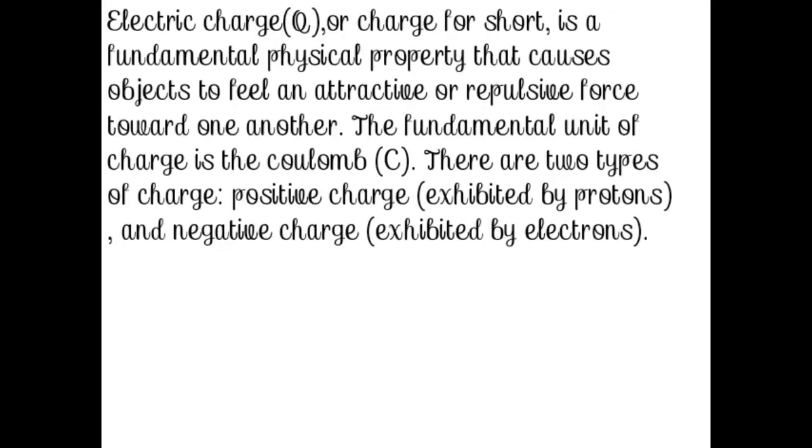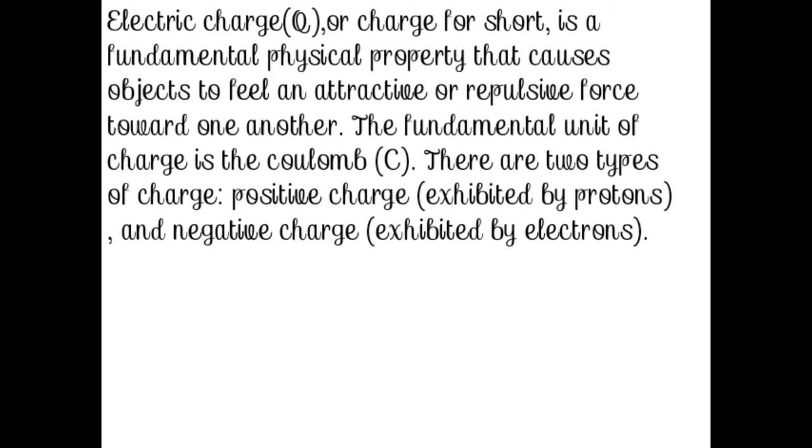So we are moving to electrical charge. Electrical charge can be defined as a fundamental physical property that causes objects to feel an attractive or repulsive force towards one another. The fundamental unit of charge is the coulomb.